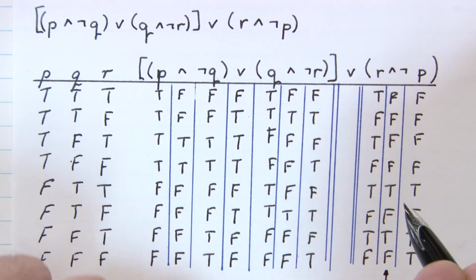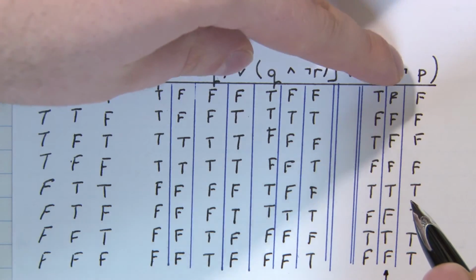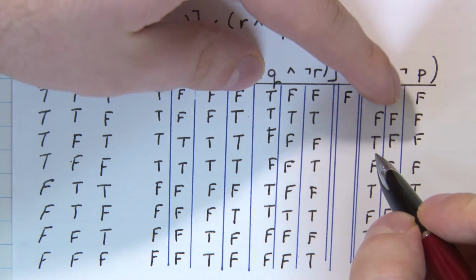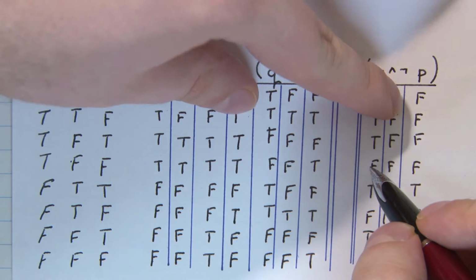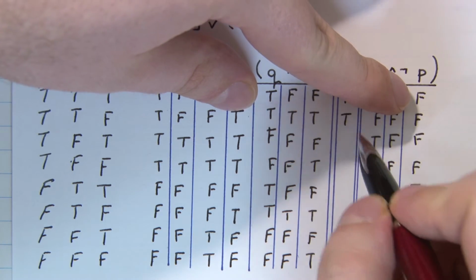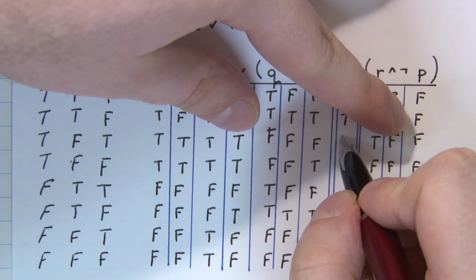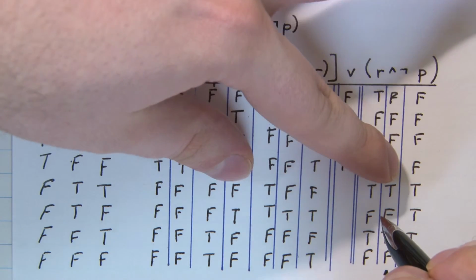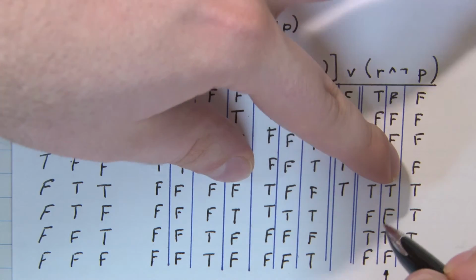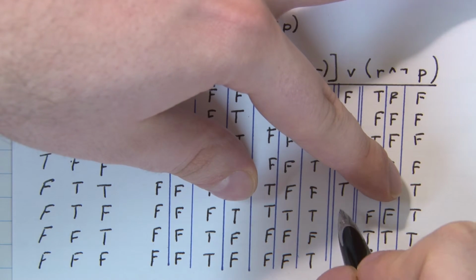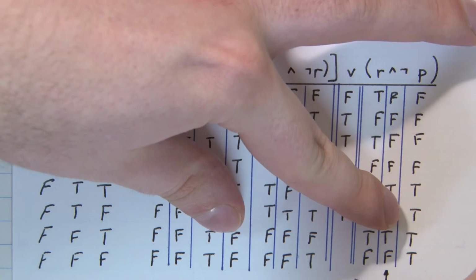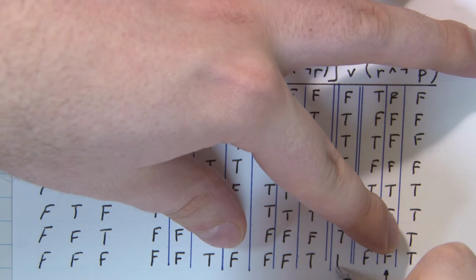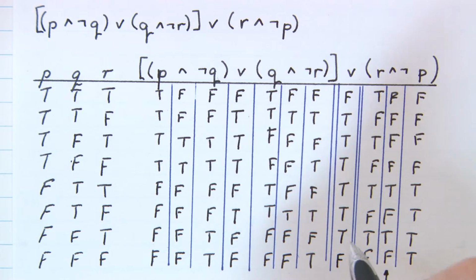Okay, so I need to do the OR. F or F, that's false. T or F, that's true. T or F, that's true. T or F, that's true. F or T, that's true. T or F, that's true. F or T, so that's true. And lastly, that's false.